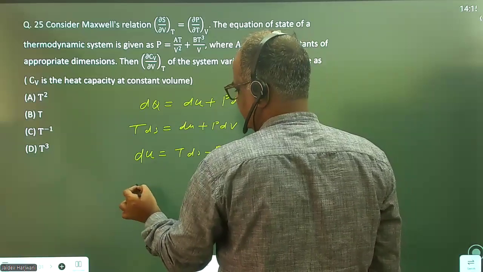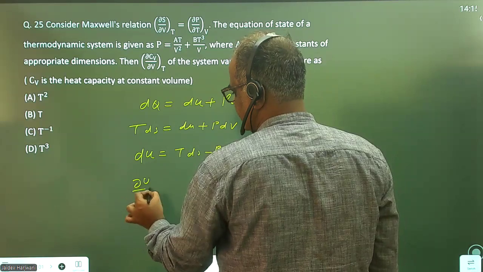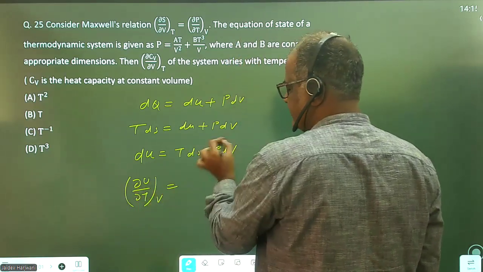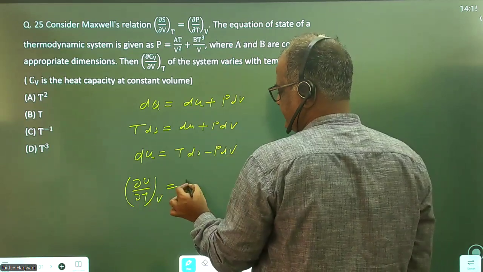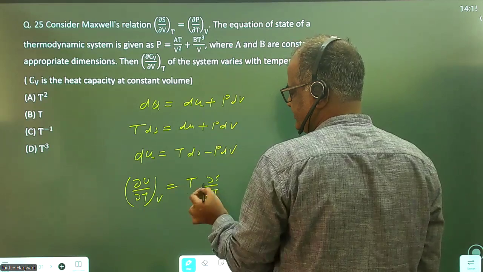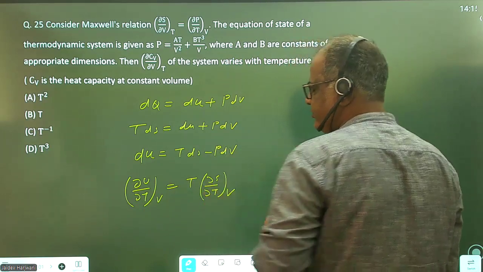Now if I differentiate with respect to temperature keeping volume constant, the PdV term becomes 0, and this becomes simply ∂S/∂T at constant volume.